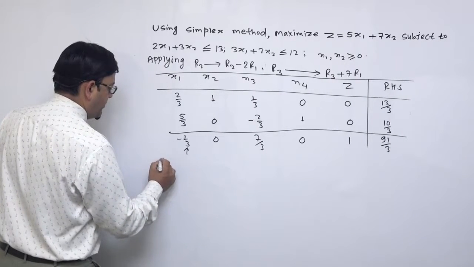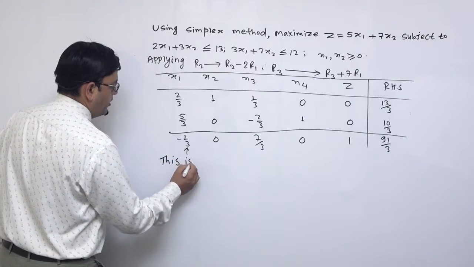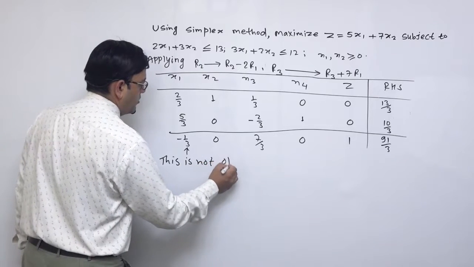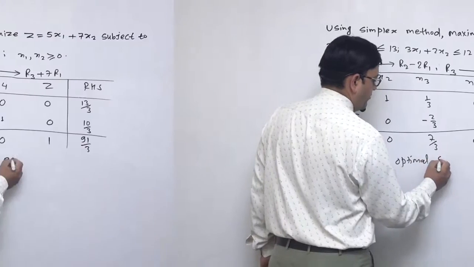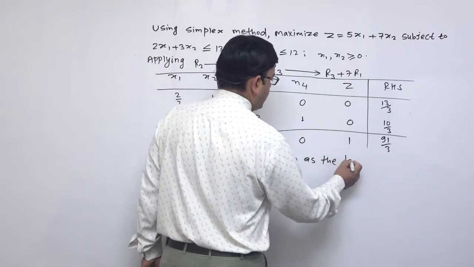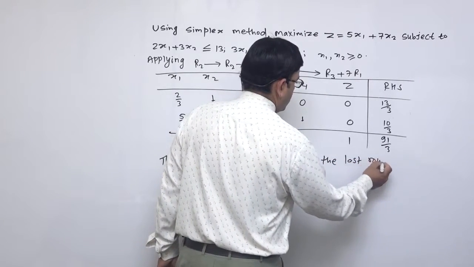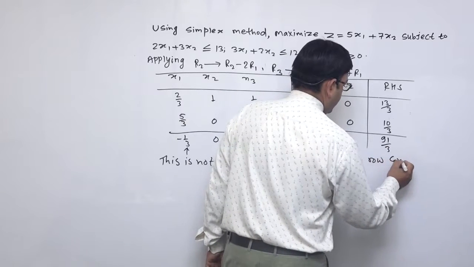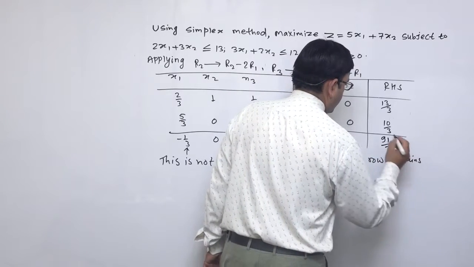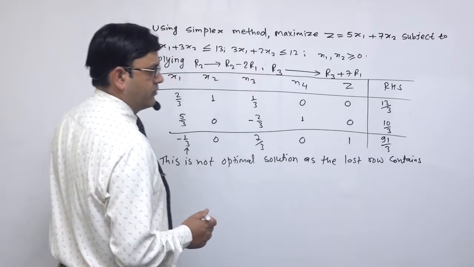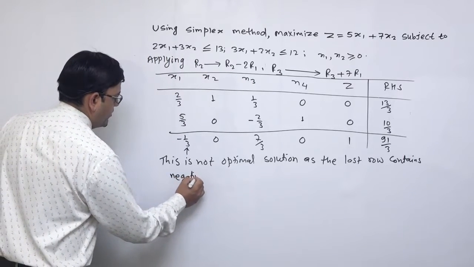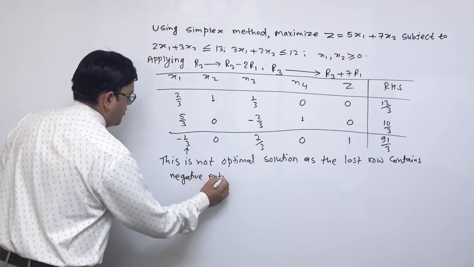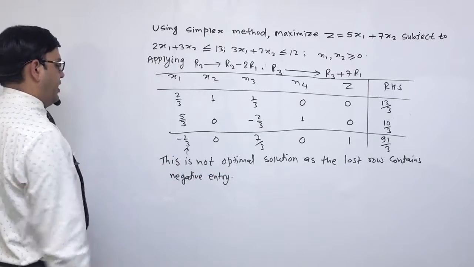So we have to write this is not optimal solution as the last row contains negative entry.